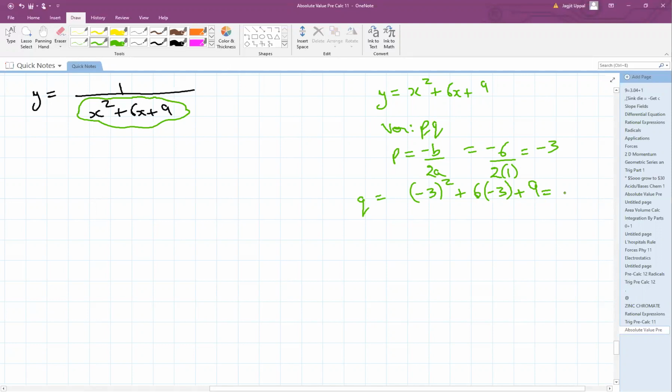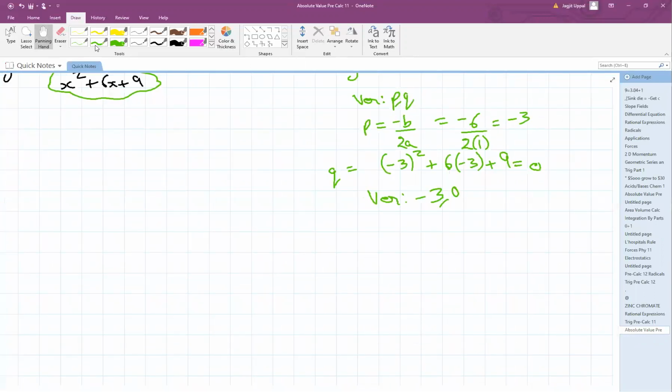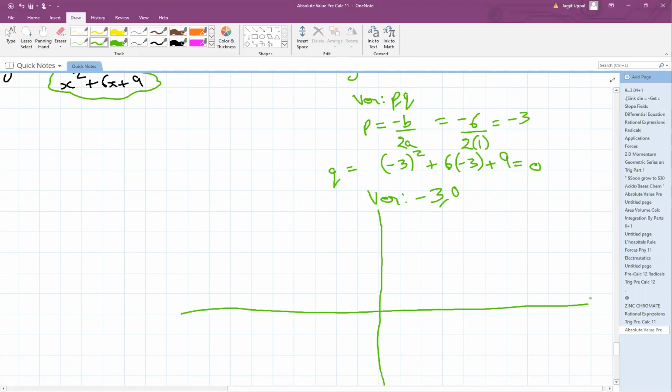Is that 0? Yes, I think that's 0. Okay, so now we're going to graph this. So my vertex is at -3 comma 0, and we know it's going to open up.